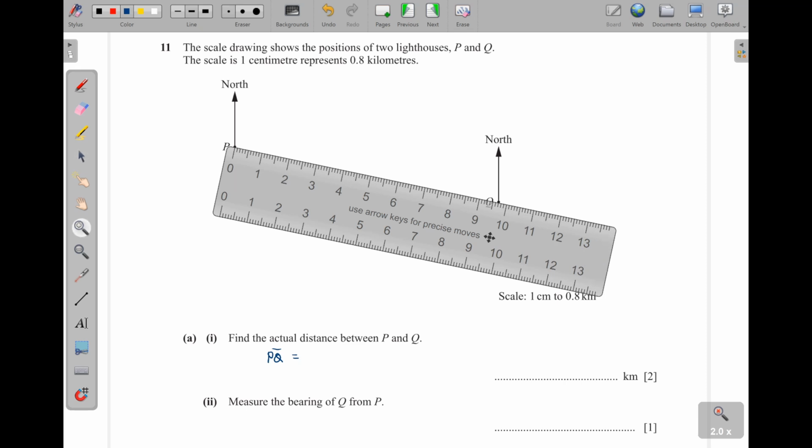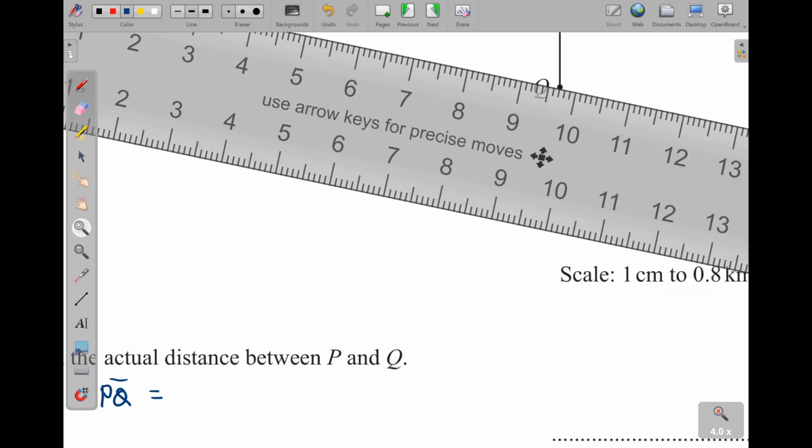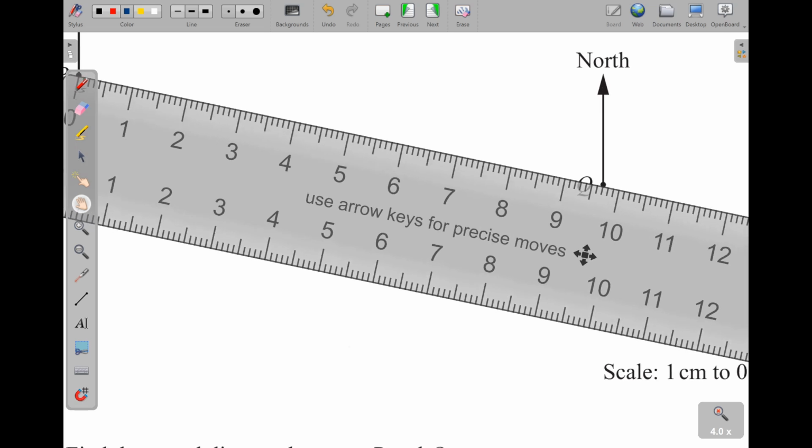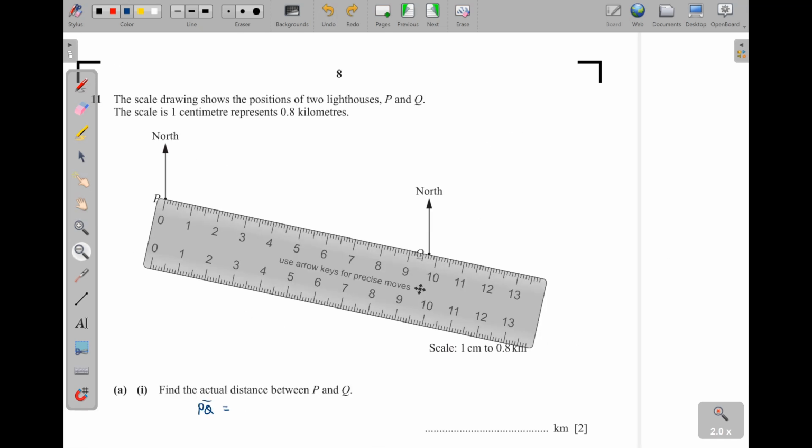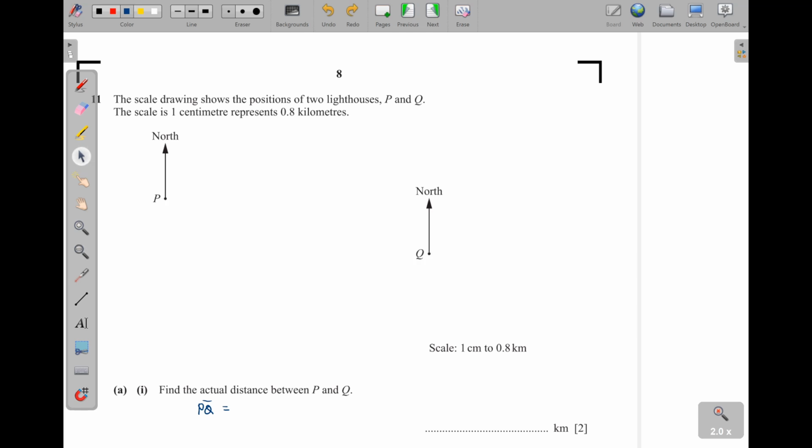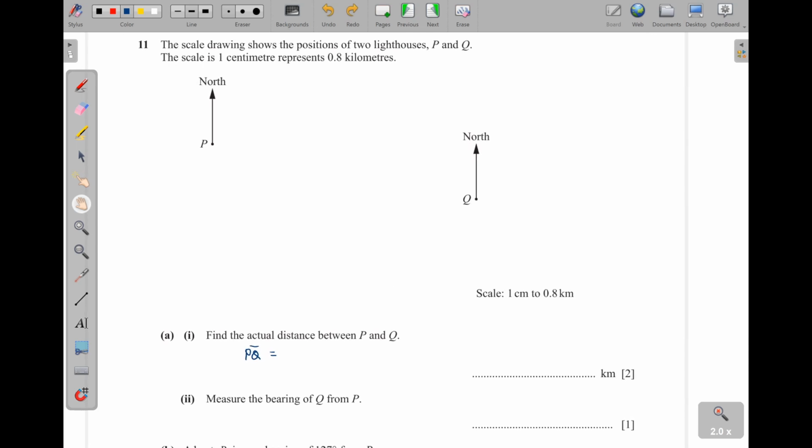Now mine here gives me 9.7. So I would write that 9.7 and then we multiply it by, but in the scheme you find 9.5.